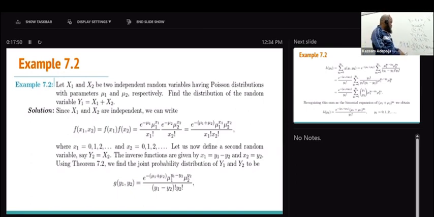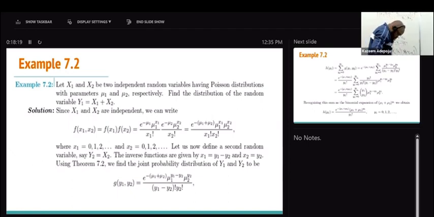You remember the joint that we just talked about. Don't forget we got f of x1, x2 equal to exponential raised to power minus mu1 plus mu2, and we basically have mu1 raised to power x1, mu2 raised to power x2, divided by x1 factorial, x2 factorial.